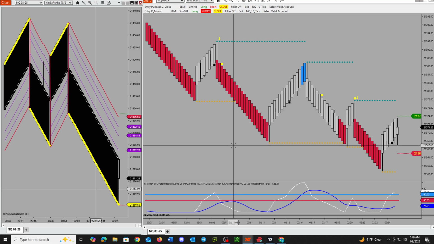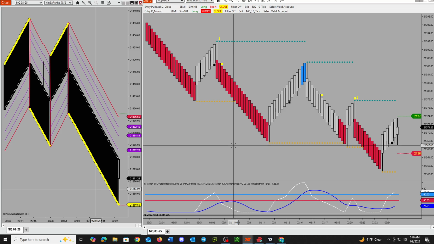We discussed the pattern that leads up to the K-Momo entry. It's the same every single time. It's worth going back to that version when we talk about that pattern. And that pattern is something that you can hang your hat on.